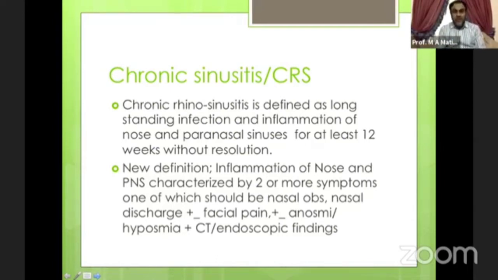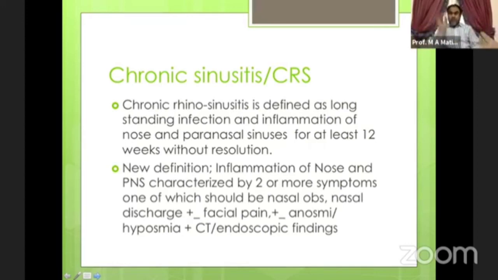New definition: inflammation of the nose and paranasal sinuses characterized by 2 or more symptoms, one of which must be nasal obstruction or nasal discharge, plus or minus facial pain, plus or minus anosmia or hyposmia, plus or minus CT scan and endoscopic findings of changes in the sinuses. So this is the classical definition of chronic sinusitis nowadays for postgraduate students.